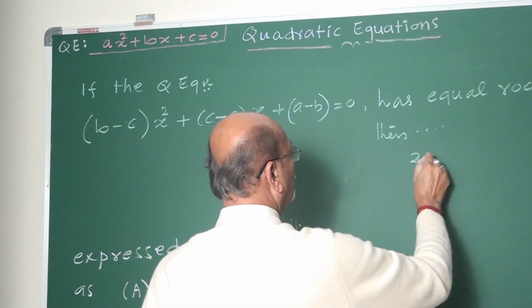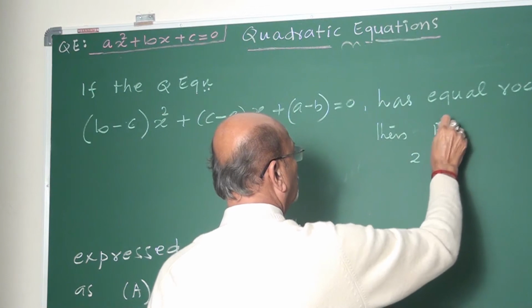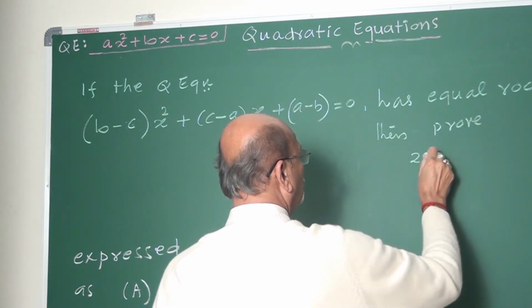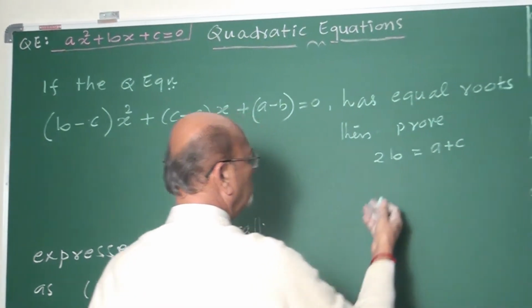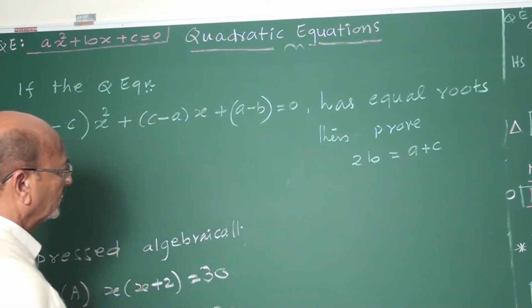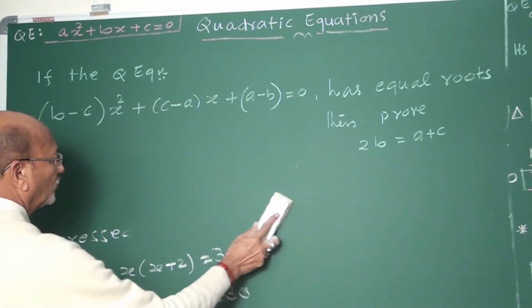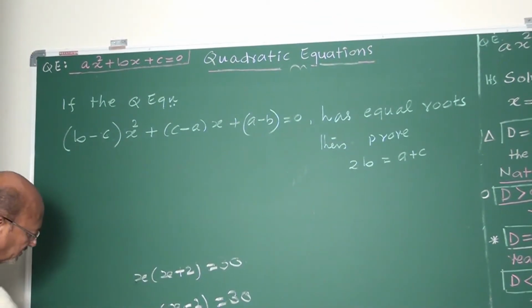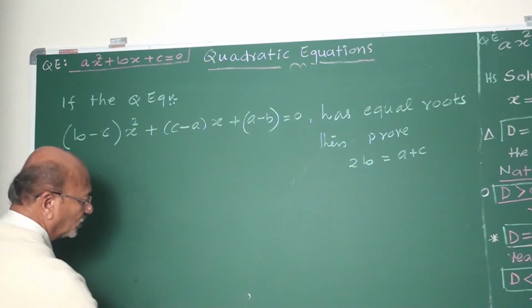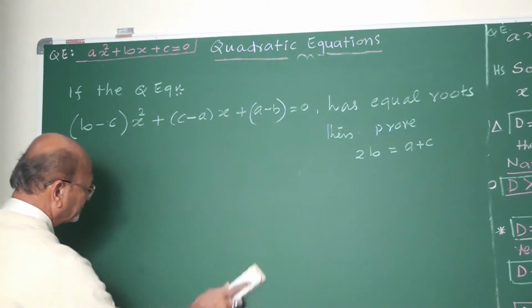Then prove 2b equal to a plus c. Otherwise, the same thing they may give as an option. Then prove 2b equal to a plus c.